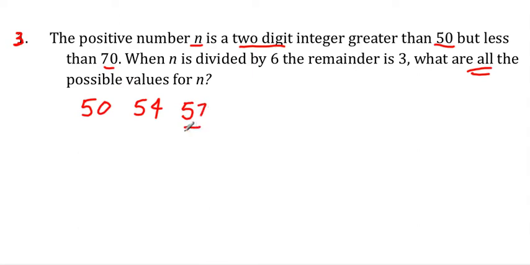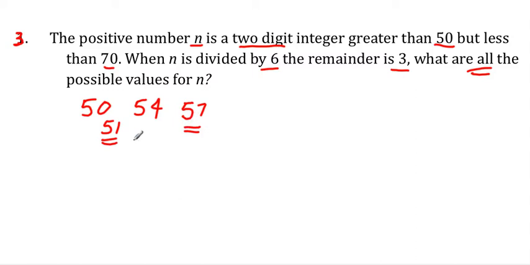So we have 57. Greater than 6. Oh, 51, sorry. We have 51 in there. 48 plus 3. 6 goes into 51 8 times, remainder 3. It goes into 57, 9 times remainder 3.